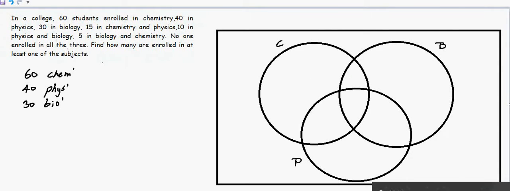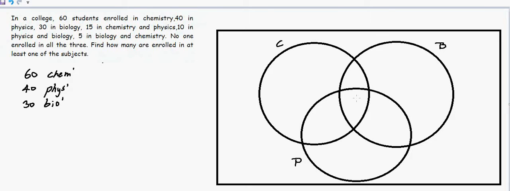10 in physics and biology, 5 in biology and chemistry, no one enrolled in all 3. So find how many are enrolled in at least one of the subjects. So the one certain thing we can write is no one enrolled in all 3.